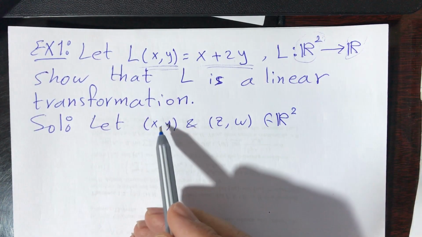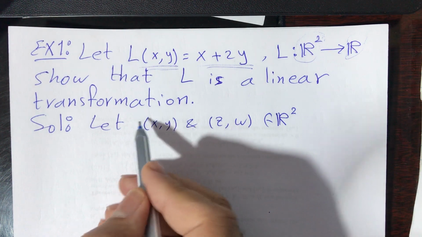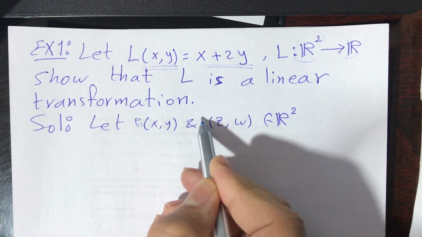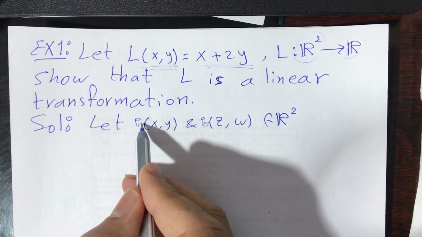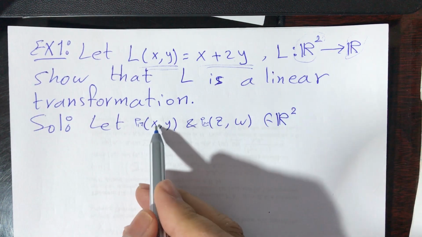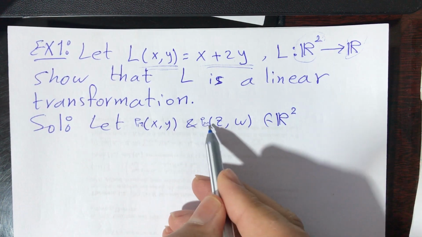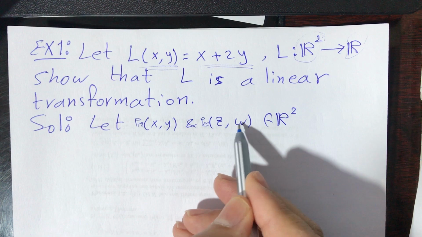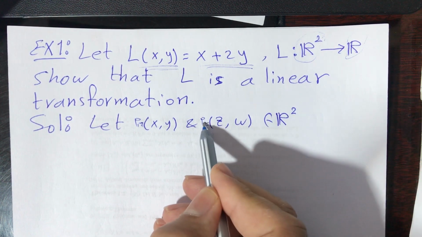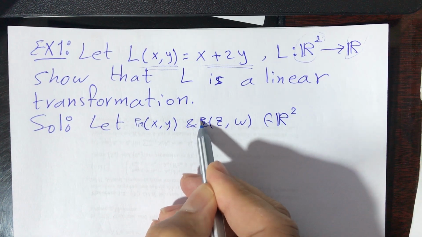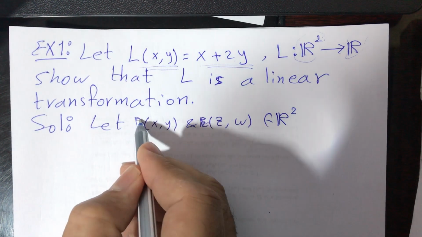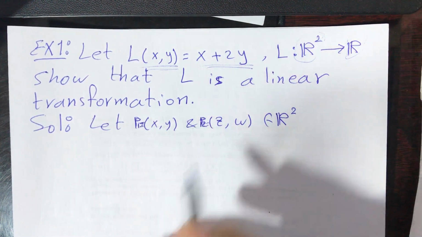In R2, let P1 equal the pair (x, y), and P2 the pair (z, w), because in R2 we take pairs. So this is a pair, P1, and this is a pair, P2.